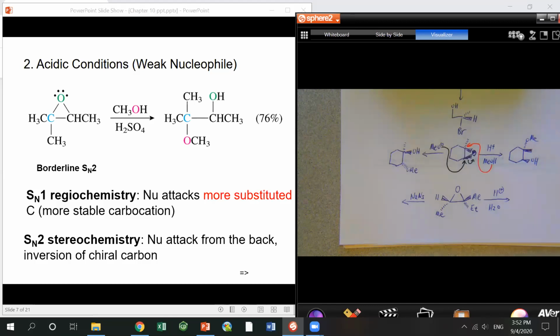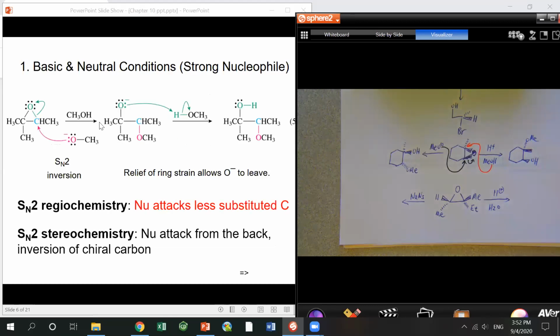That's why I showed the slide. For both, the stoichiometry is back attack.